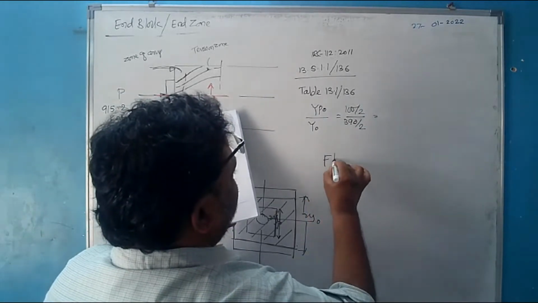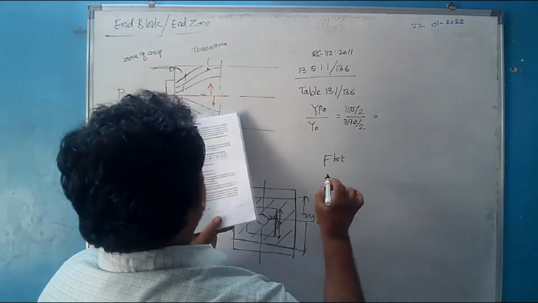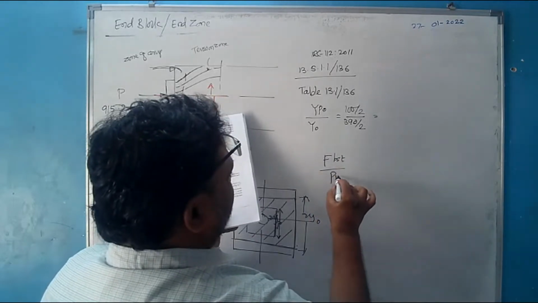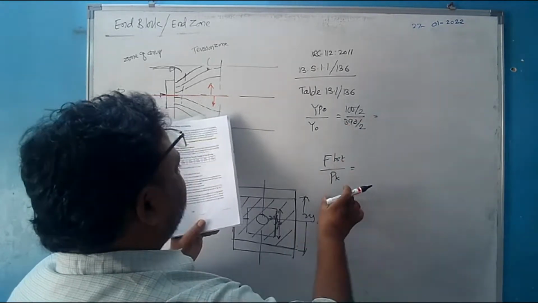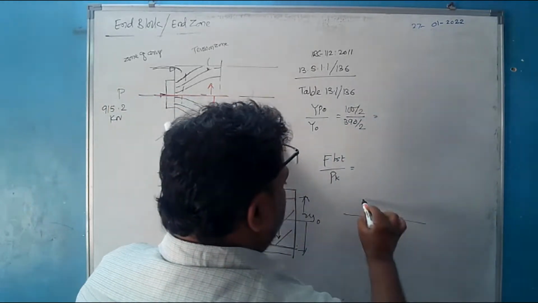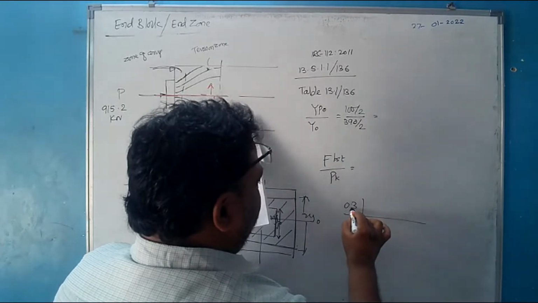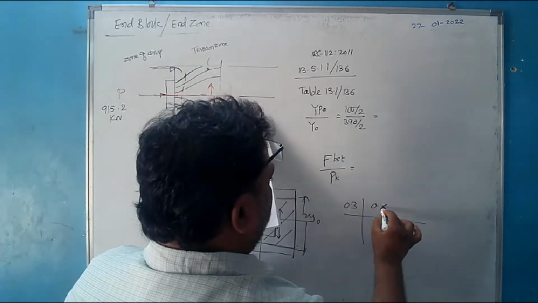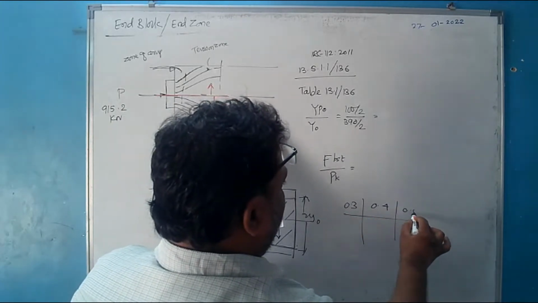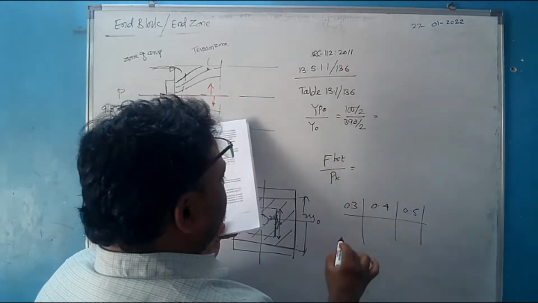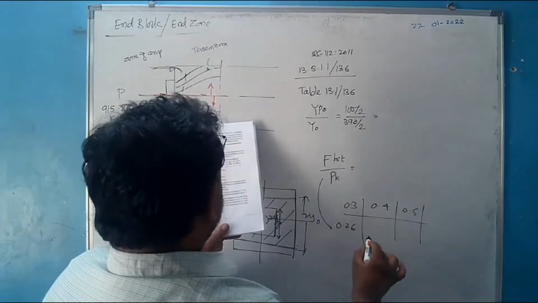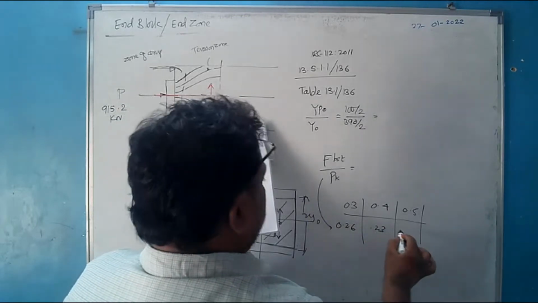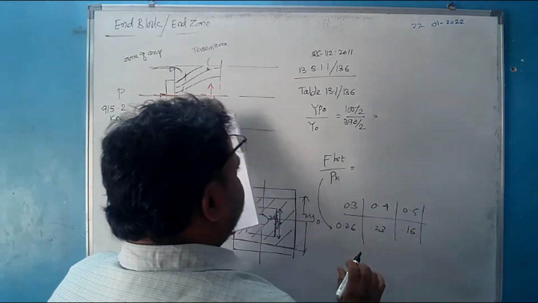For that, we have the relation between F bursting divided by PK. PK is nothing but the pre-stressing force. इसका और इसका रिलेशन दिया है. There is a table. If this is 0.3, if it is 0.4, 0.5, like that, then it is 0.26 for this ratio, then 0.23, 0.16, like that.